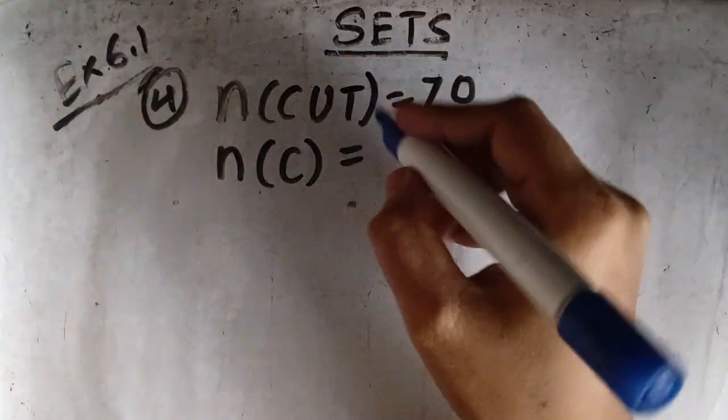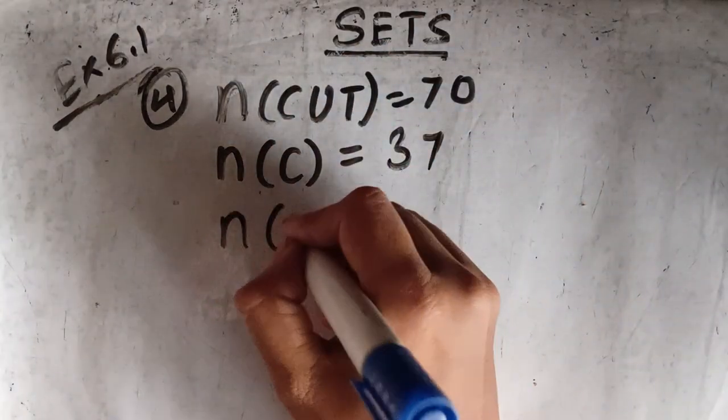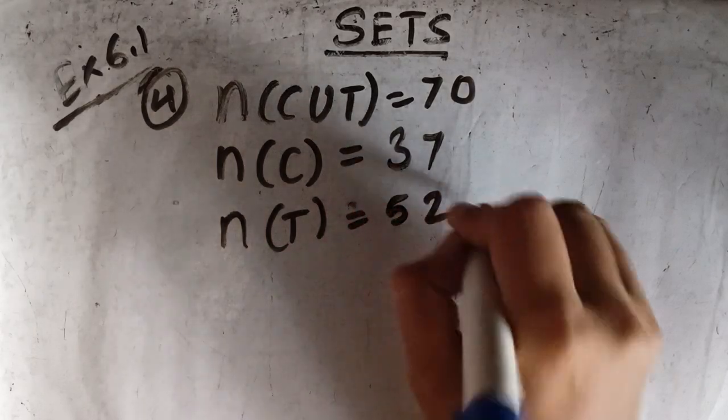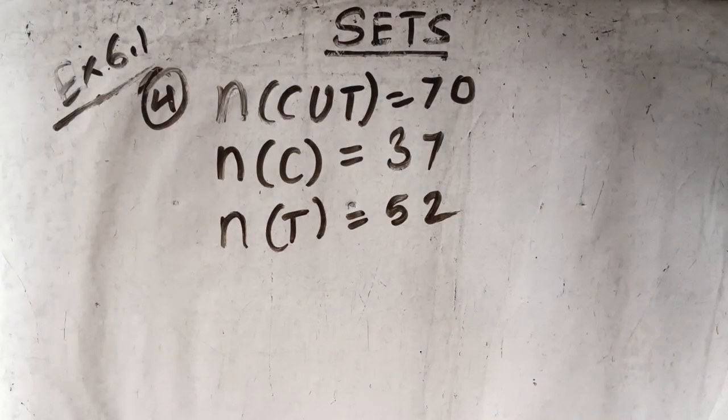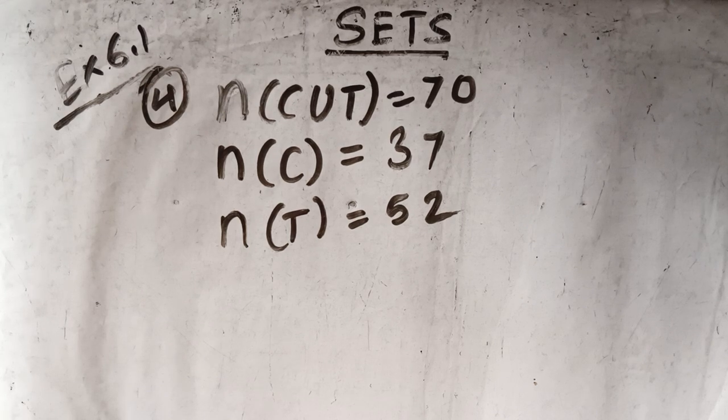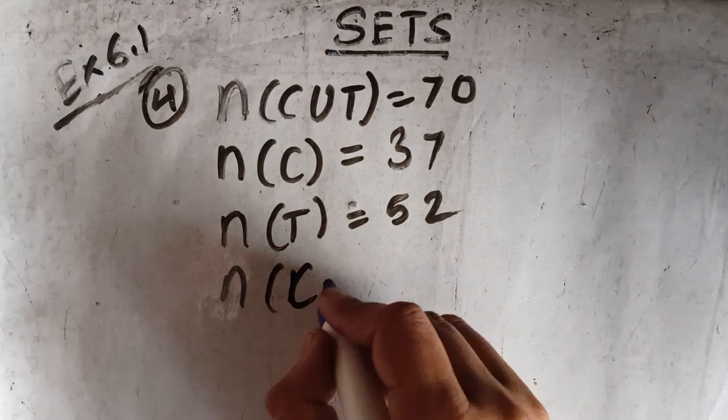Coffee 37, tea 52, and each person likes at least one of the two drinks. This is the hint that 70 is the union. Whenever the words at least appear, it is related to union. Then how many people like both coffee and tea? This is the intersection, both.